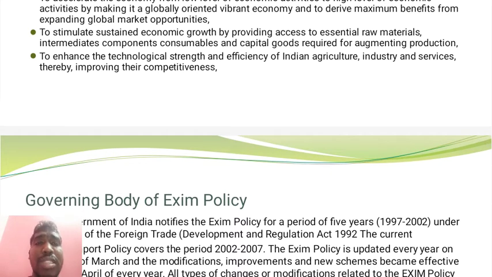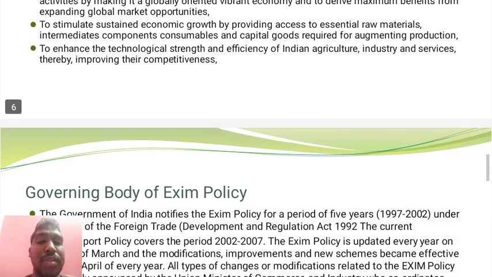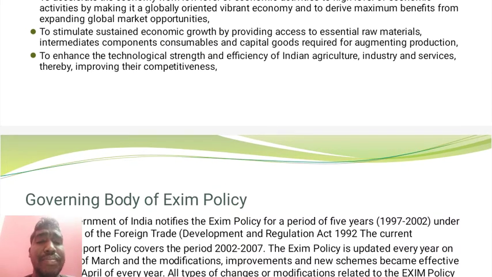The last point we see in the objectives of the Exim policy is to enhance the technological strength and efficiency of Indian agriculture, industry and services, thereby improving their competitiveness. In India, a lot of agricultural sectors are operating nowadays. Not only now, historically too, agriculture is the backbone of the nation, right?